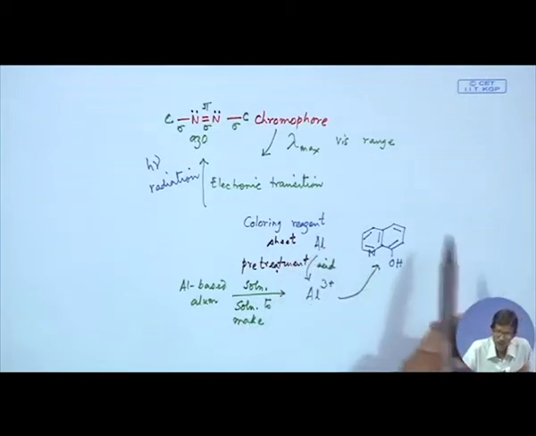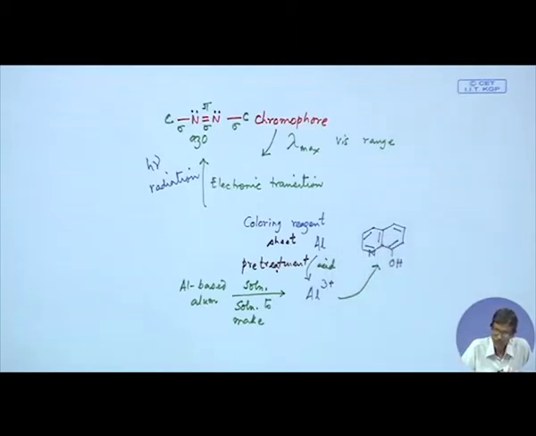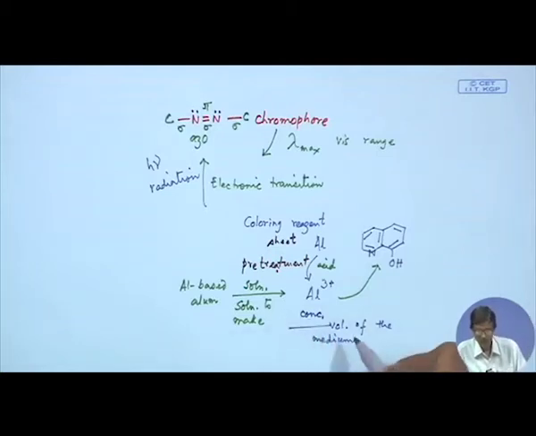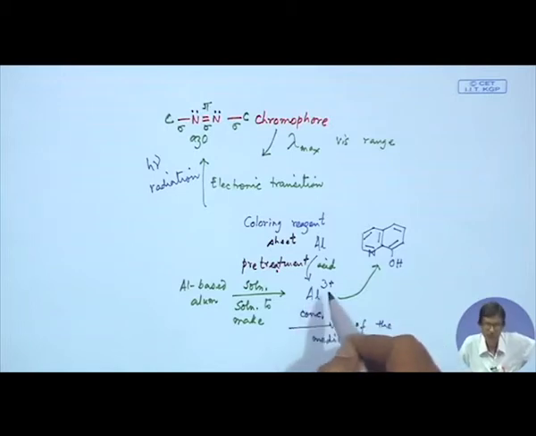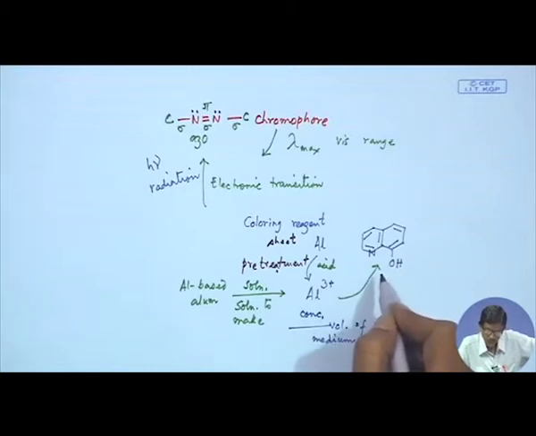Now, we see some coloring agent we are adding. So, depending upon the level of concentration, if the concentration is very small in a large volume of water, the volume of the medium is important. If the volume of the medium is very high and the amount of iron 3 plus in the solution is less, what will you get over there?